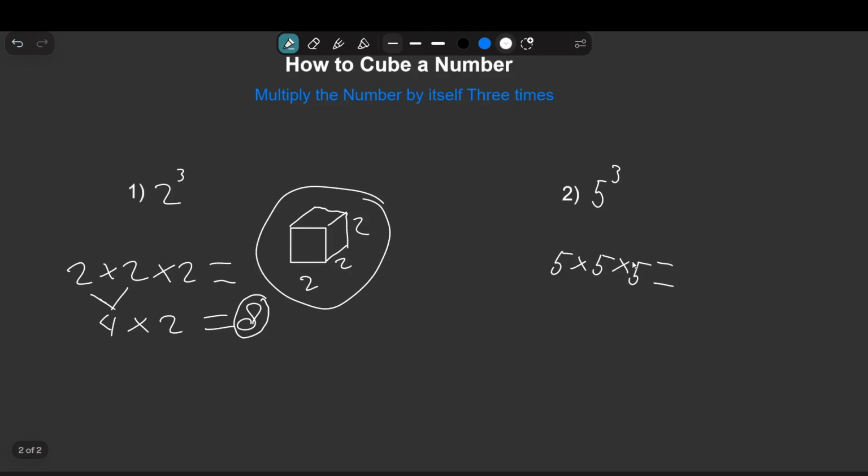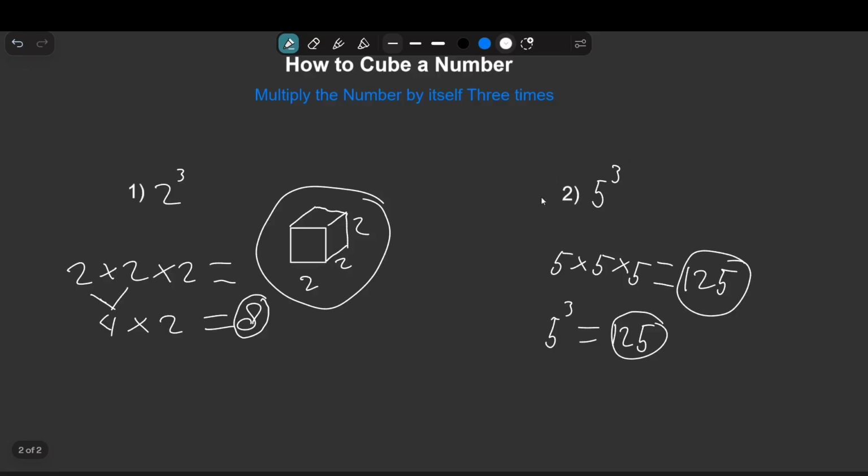This will leave us with 125. So 5 cubed equals 125. This will be our final answer of the second example.